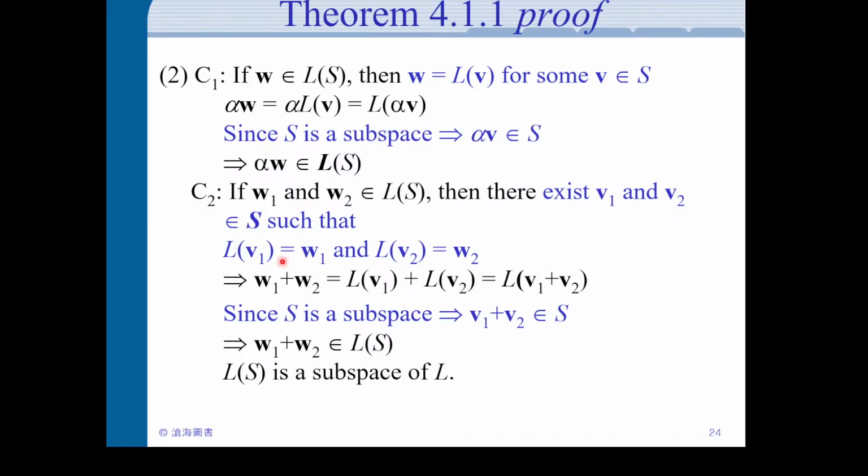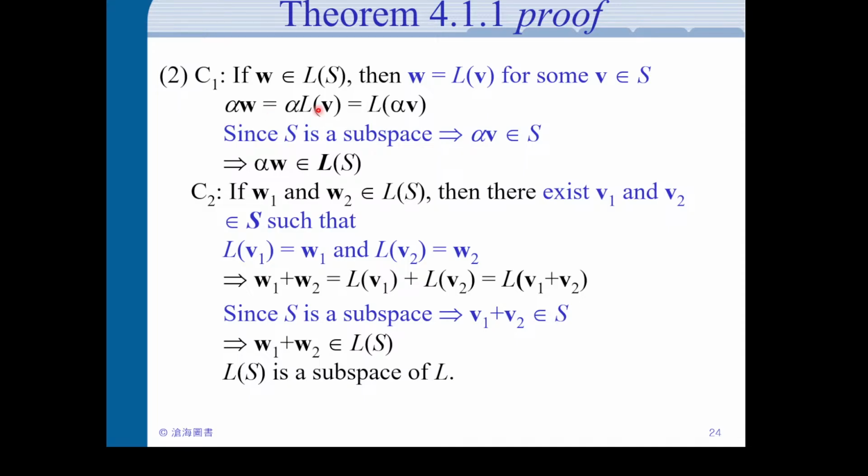image part of the proof. If there's something inside the image, then by definition there is some V that's a pre-image of W. So some V inside S that will get mapped to W. And let's think about some alpha times W. Is alpha times W mapped from something inside S?